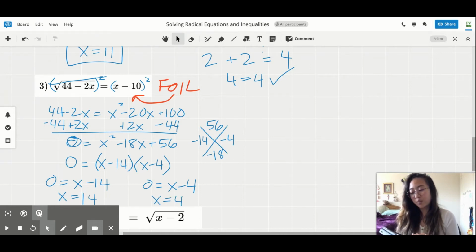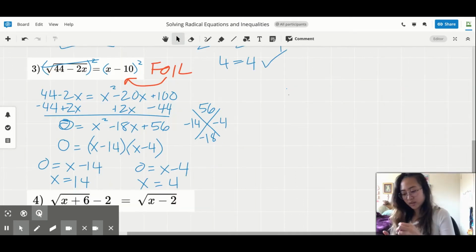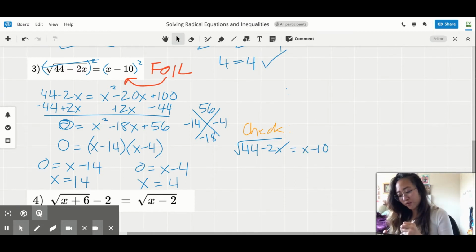So plugging both into the original equation, let's check x equals 4 first. Rewriting the original equation, and plugging in 4 for x, we're trying to see if this is true.